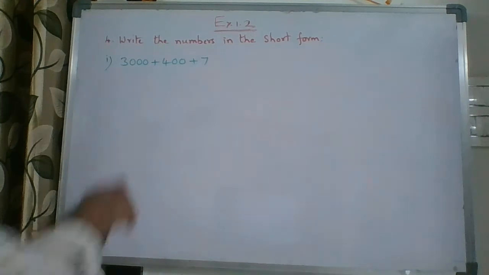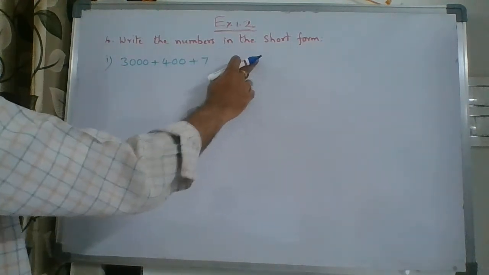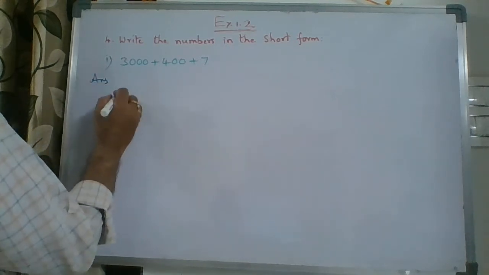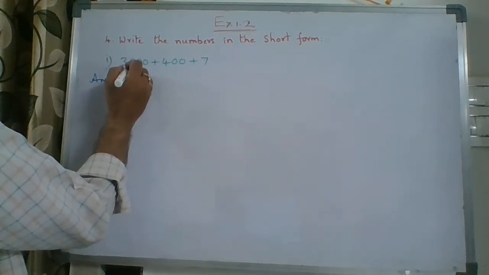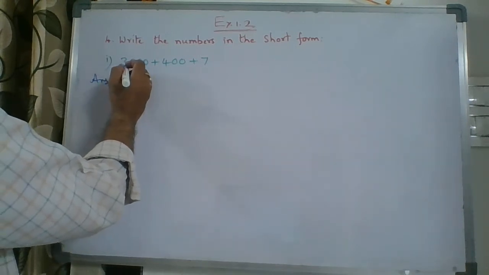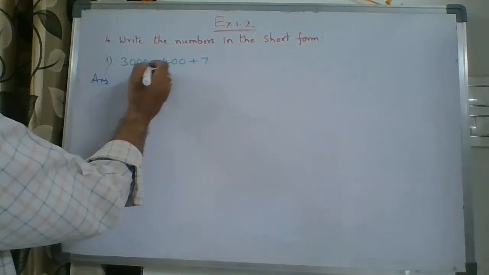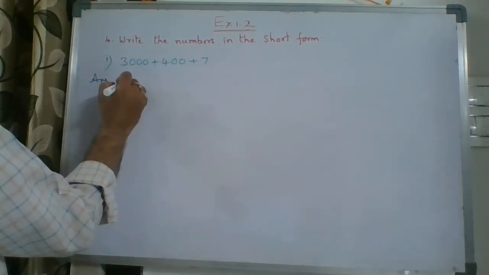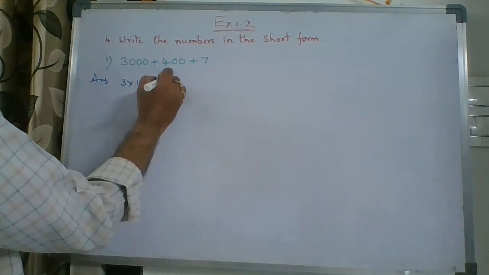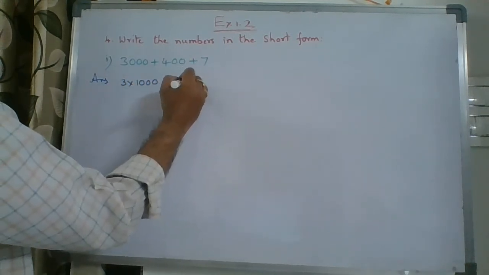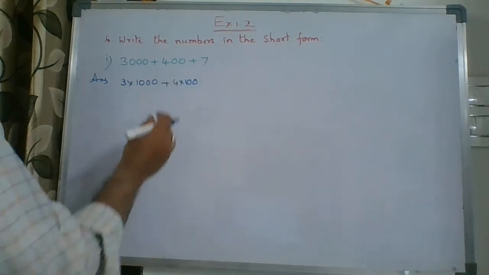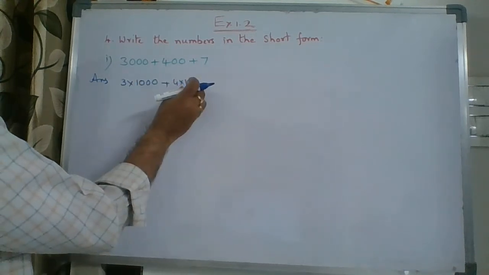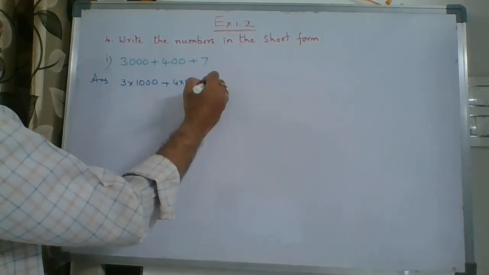Now, the next question, the fourth one, is write the numbers in short form. The number is given in expanded form, we have to write in short form. This is 3000 plus 400 plus 7. So we can write this as 3 into 1000 plus 4 into 100. After hundreds place it is tens place.